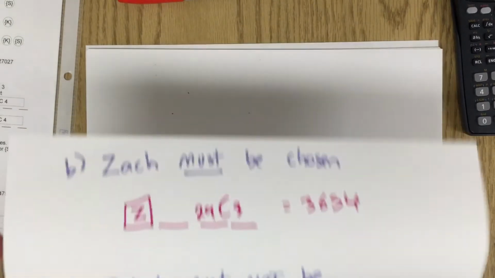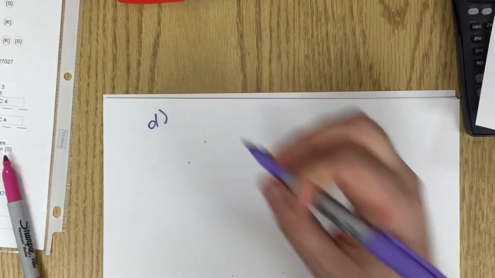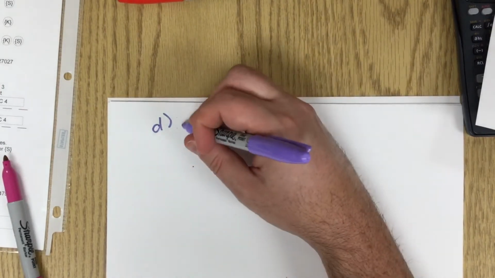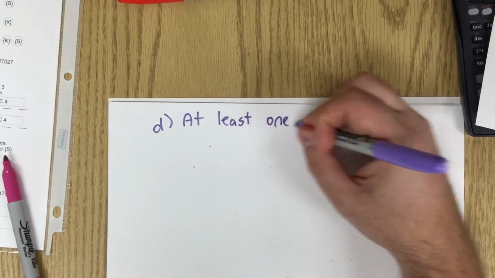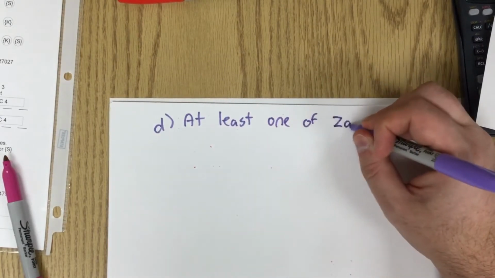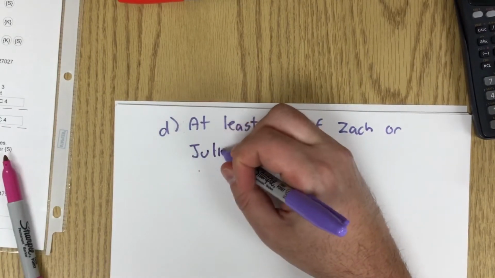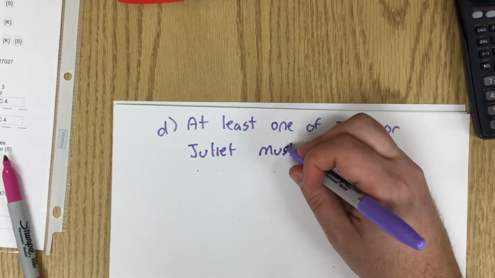Okay, now let's say, let's have a D here. At least one of Zach or Juliet must be chosen.